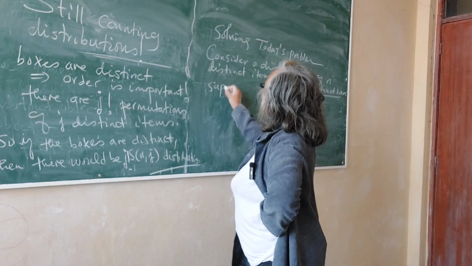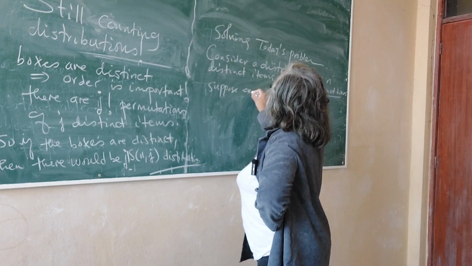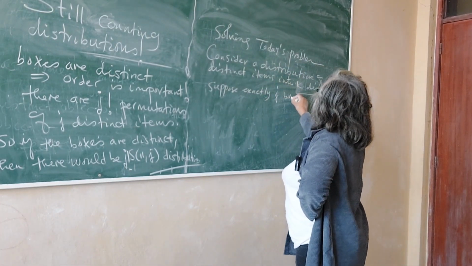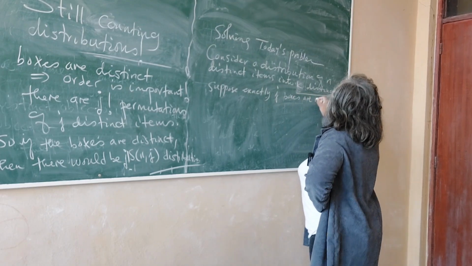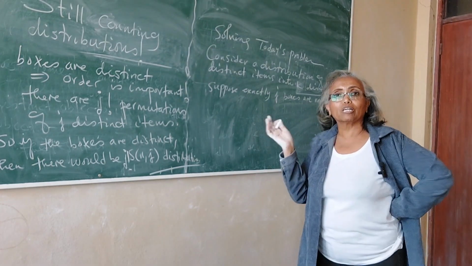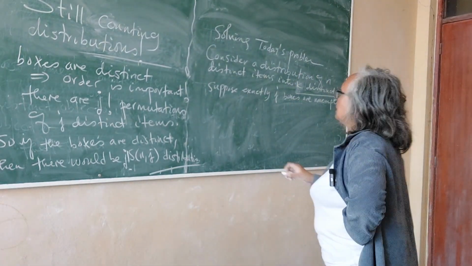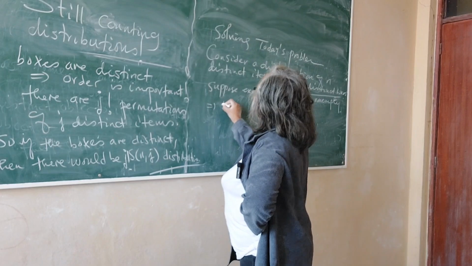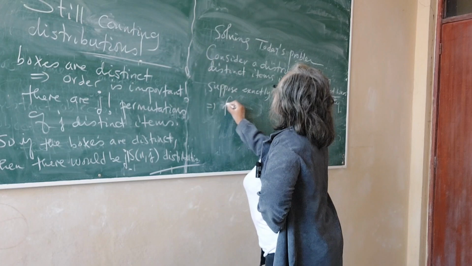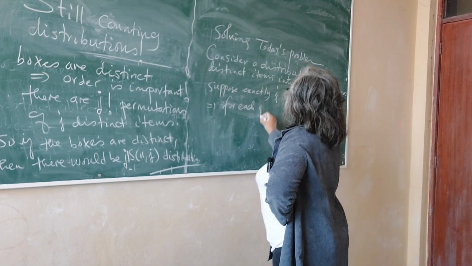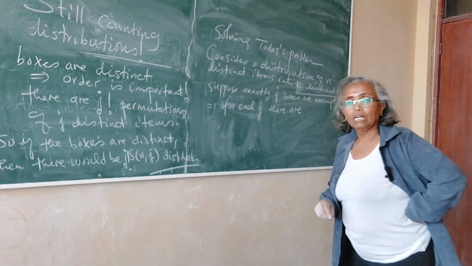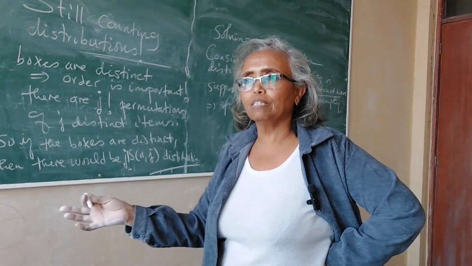Now suppose exactly j boxes are non-empty. This will allow us to use Stirling numbers of the second kind. For each j, we have k boxes.